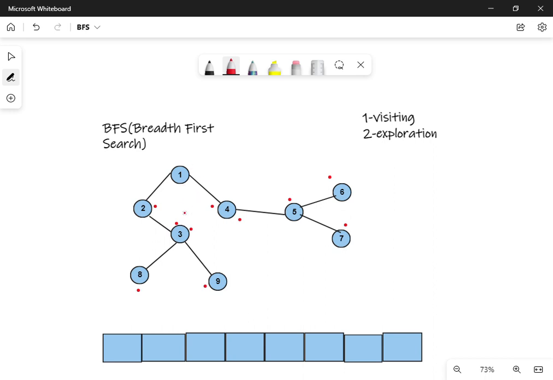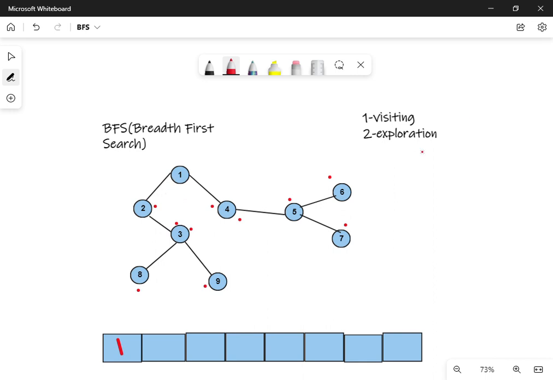First I visit 1 as our selected vertex. You can also visit 9 as your first vertex, but I am choosing 1. So the first step is clear. I have visited 1 as our first vertex.